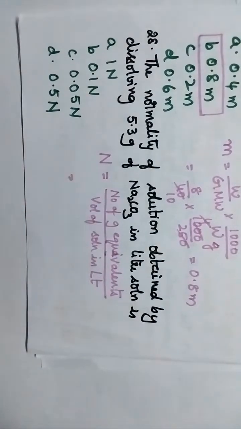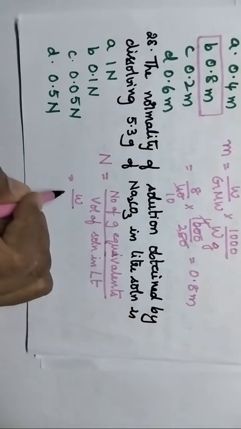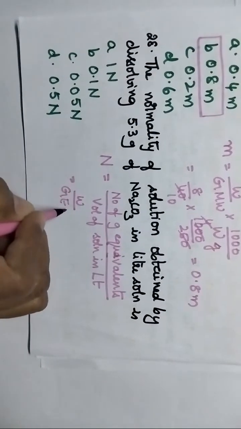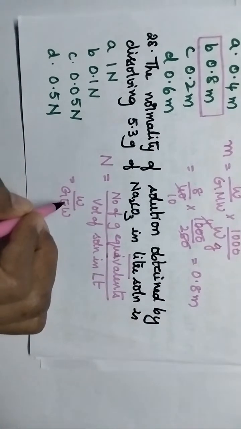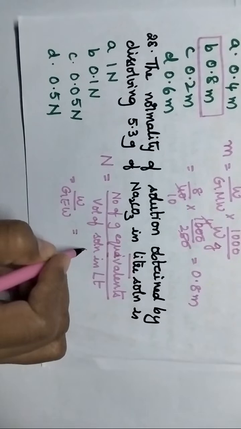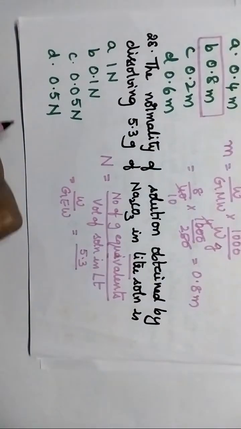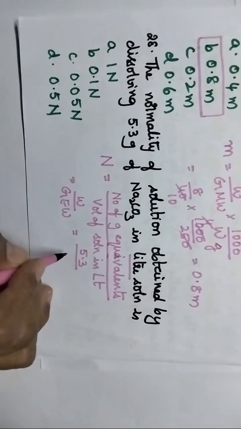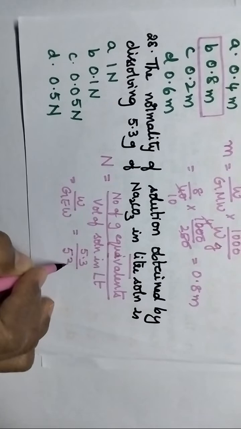Here, how to get the number of gram equivalents? Weight by gram equivalent weight, and here it is a 1 liter solution, so you just do weight by gram equivalent weight calculation: 5.3 divided by gram equivalent weight, which is 53.